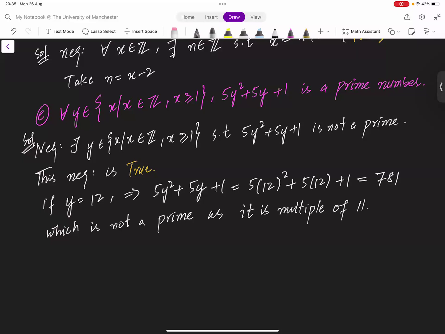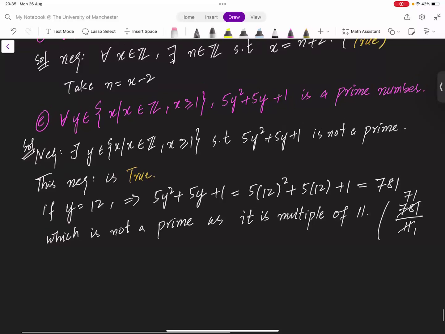So you can divide this by 11. 7 times 11 is 77, and then you add 1, so that will be 71. So this answer is 71. Right.